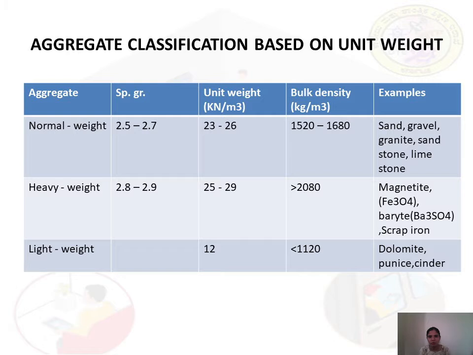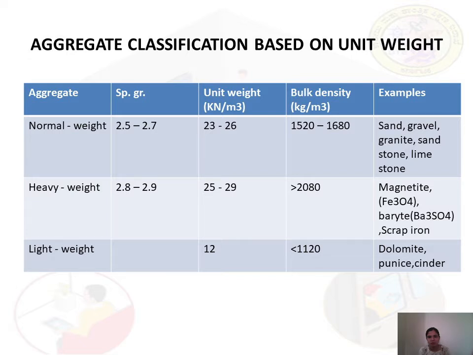Normal weight aggregates have a specific gravity of 2.5 to 2.7. Heavyweight aggregates' specific gravity is more than the normal weight aggregates, in the range of 2.8 to 2.9. And there is no particular specific gravity for lightweight aggregates.